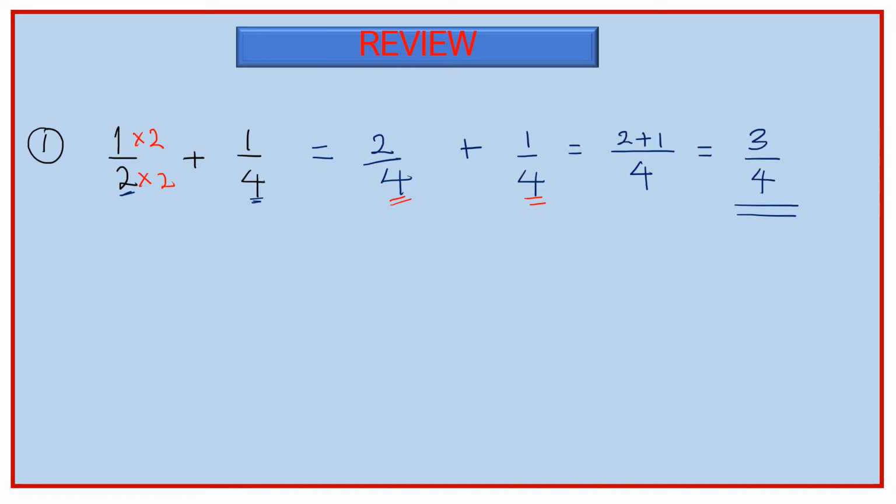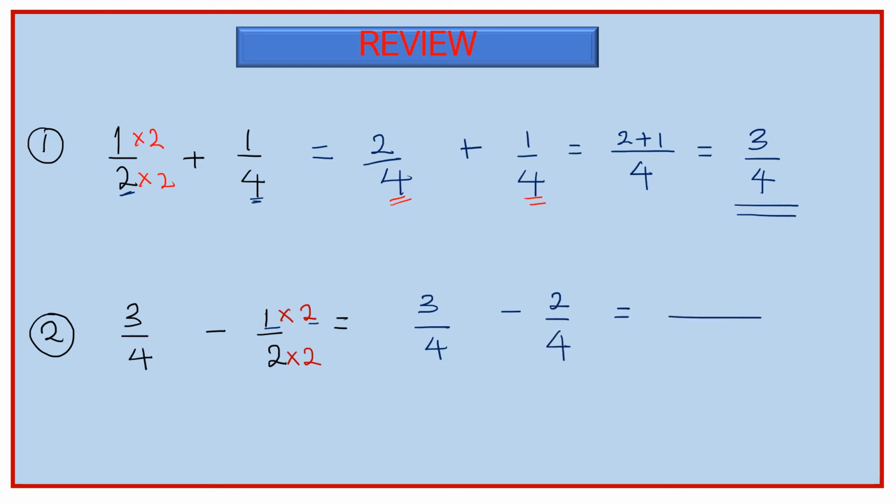And we also looked at subtraction. For example, 3 out of 4 minus 1 out of 2. For that case, we can also multiply 2 times 2 and here 2 times 2 and we get 3 out of 4 minus 1 times 2 equals 2 out of 2 times 2 equals 4.